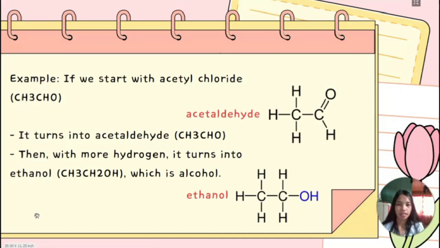If we start with acetyl chloride, CH3COCl, it turns into acetaldehyde, here's the structure of the acetaldehyde, CH3CHO. Then with more hydrogen, it turns into ethanol. And here's the structure of ethanol: CH3CH2OH, which is an alcohol.